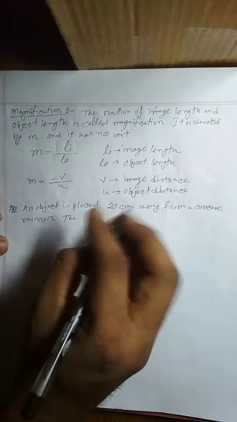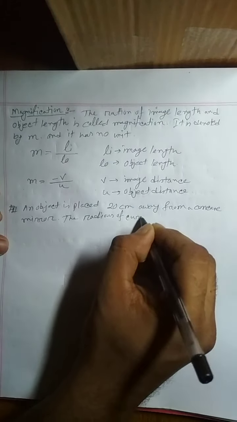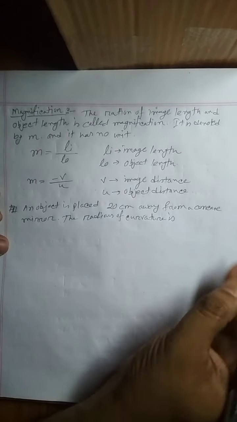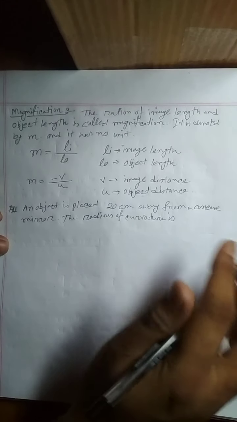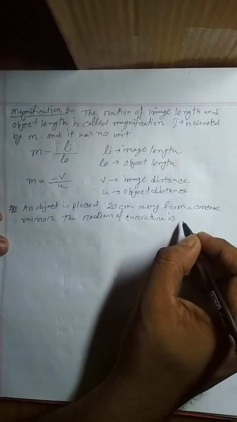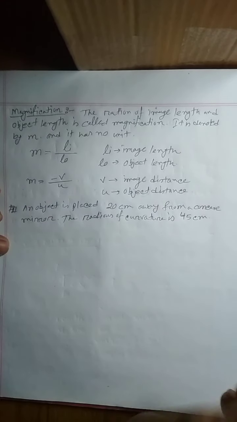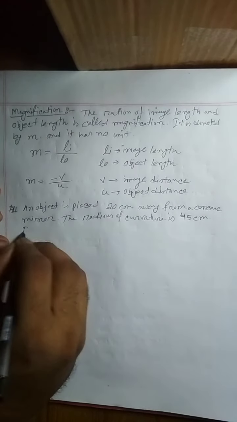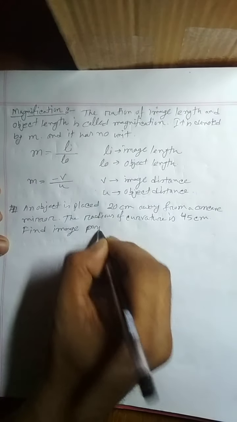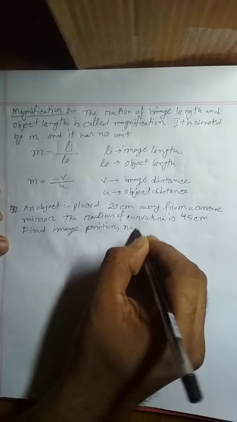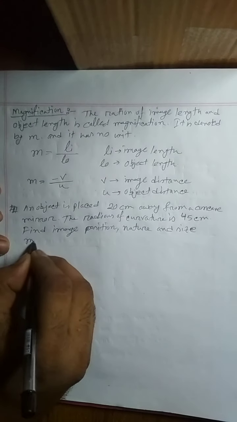The radius of curvature is 45 centimeter. Find the image position, nature and size mathematically.